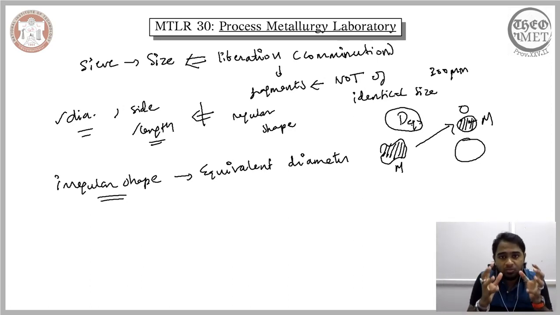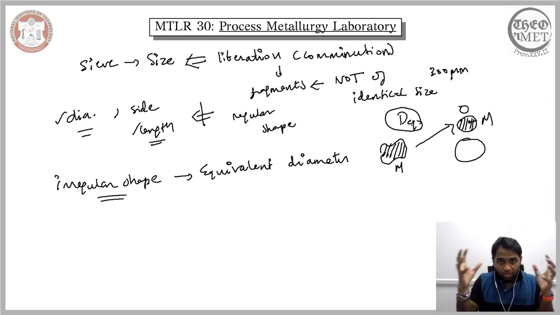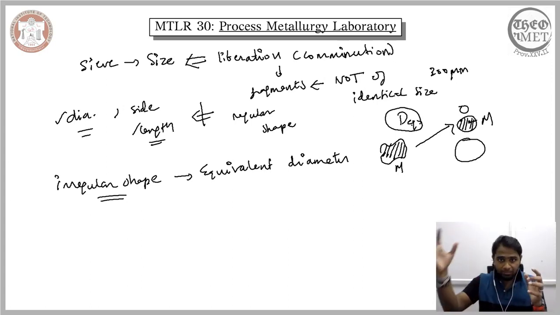So what is the reason for the sieve analysis to be performed? First, it helps us understand the quality of comminution, quality of fragmentation. Secondly, it helps us validate the overall liberation technique, the overall process chain.